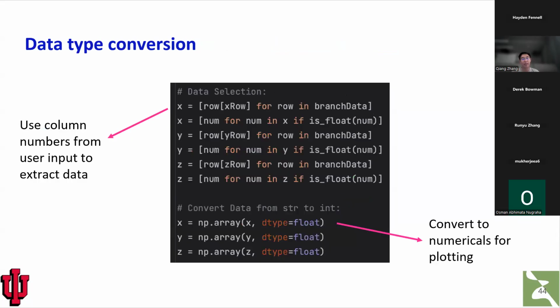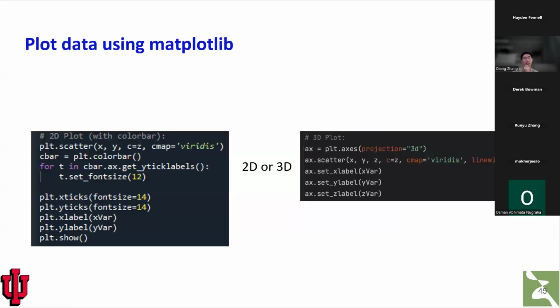Then at the end of the script, it's about how you visualize. You do some data type conversion because the TXT files are stored as strings. They need to be converted into floats or other data types, arrays in this case, which allows you to do the plotting. These are the 2D or 3D plots, which I'll show you.